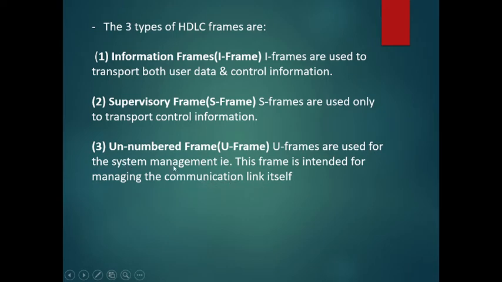That is simply for system management, how the link between the two stations is going to be controlled. That will be by means of these unnumbered frames, that is, U frames.